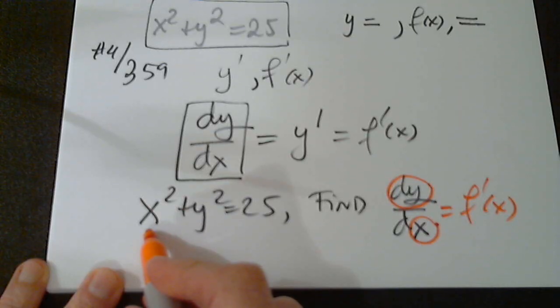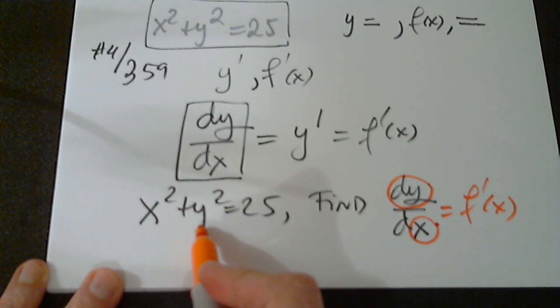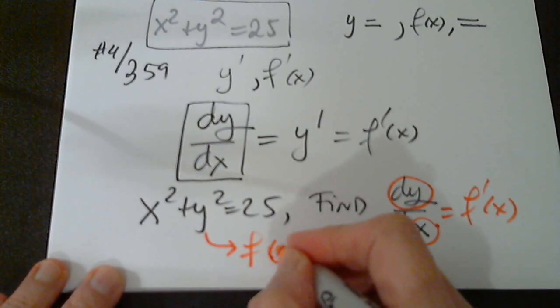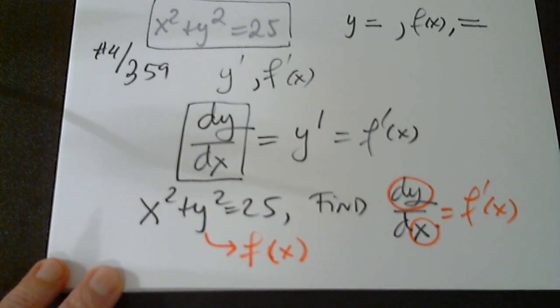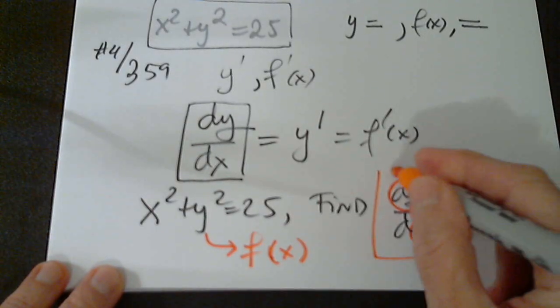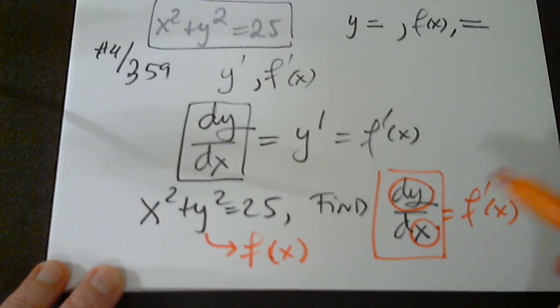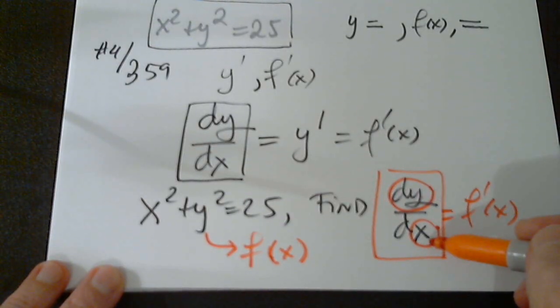So x is just the independent variable, but y is basically a function of x. That's what this notation is telling me. Otherwise, they wouldn't ask me to find the derivative of y with respect to x if y wouldn't be a function of x.